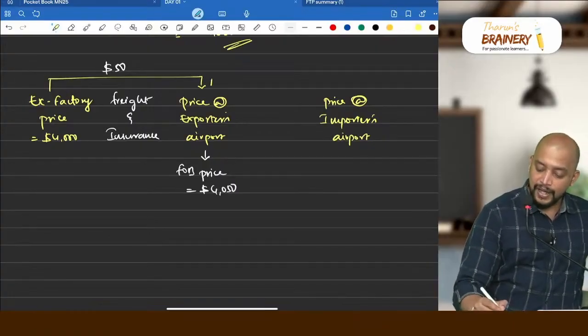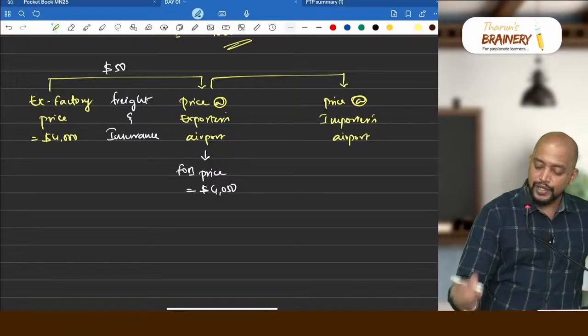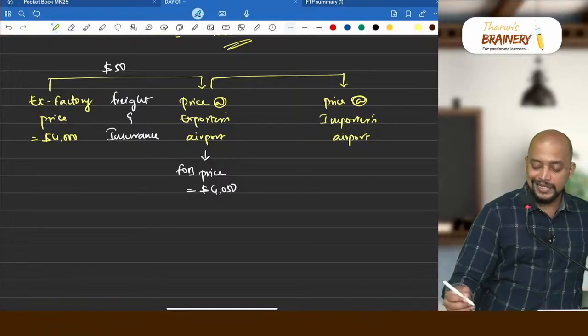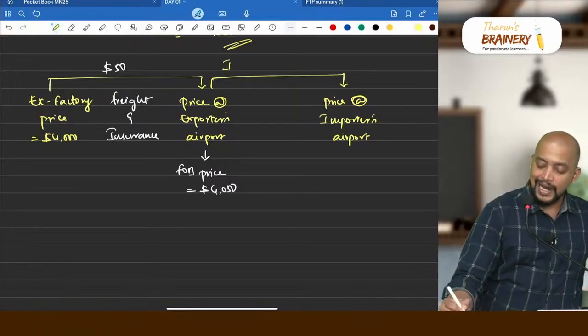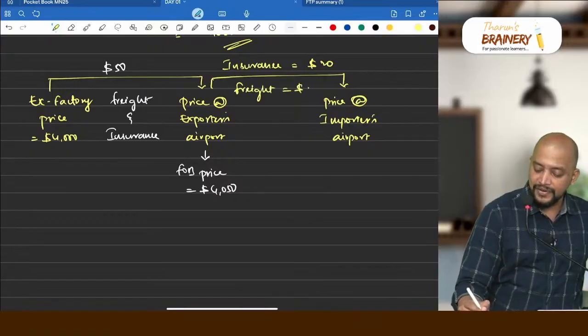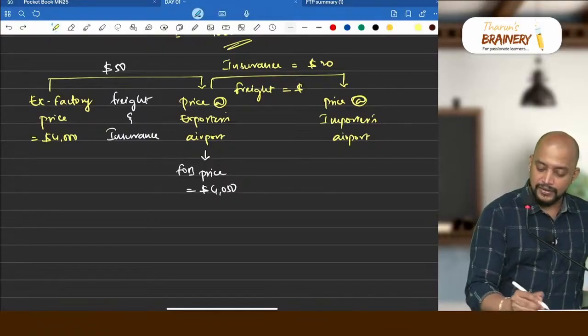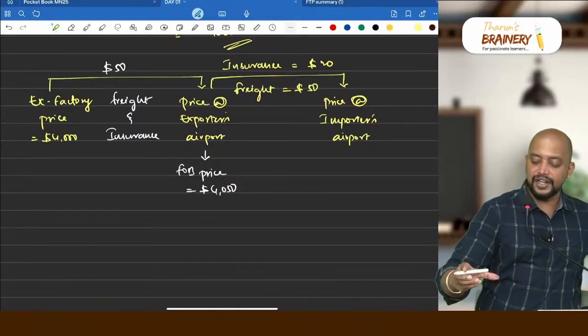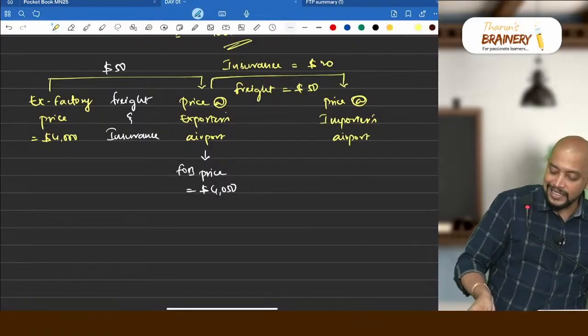Again from exporter's airport to importer's airport, there is some freight and insurance, and insurance is given. How much is that insurance? Same $20, and freight is also given, somewhere like $50.